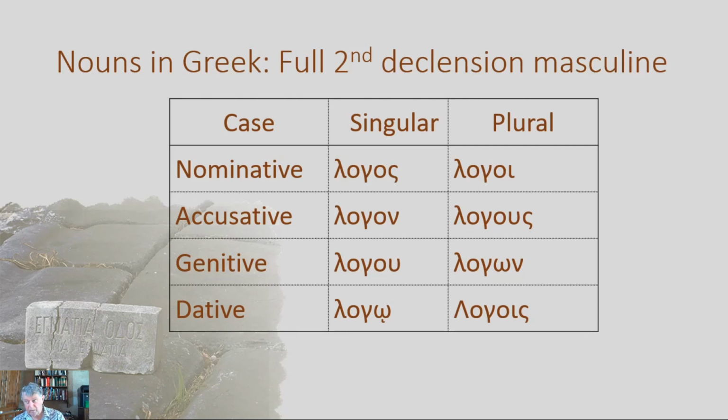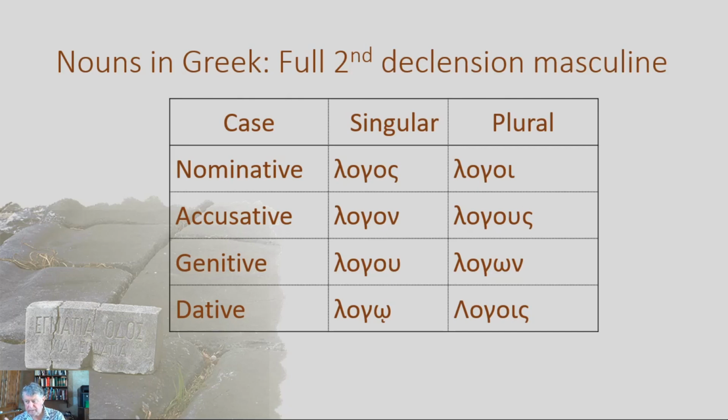Now we're going to look a little bit more about this masculine. It's the gender. And like a lot of European languages, modern languages, Greek does have different genders, which makes things a little bit more complicated for us. We're not used to that. So here this noun is masculine.